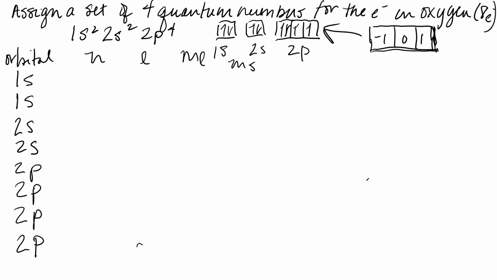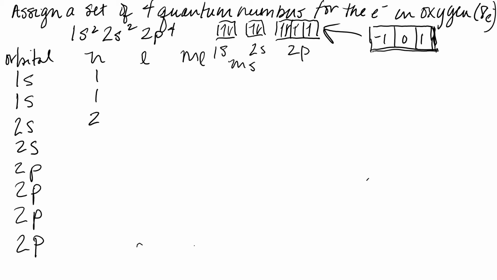N's are easy. Our N's are given over here. We've got 2 electrons in the N equals 1. I'm sorry, I'm doing the N values here. Never mind, I'm not thinking.